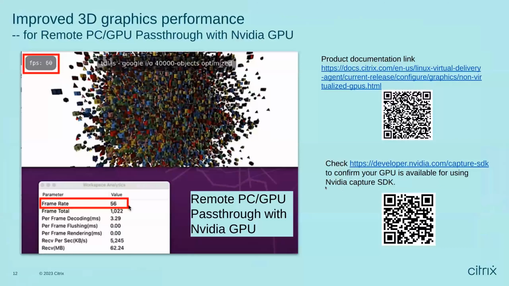You can check the product document and the Nvidia document to see which cards support this remote PC. We use the capture SDK. If you look at this test, the content originally is 60 FPS, and we get 56, very close to the original content.